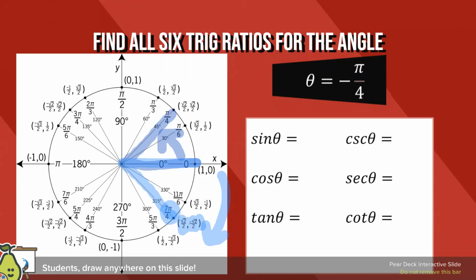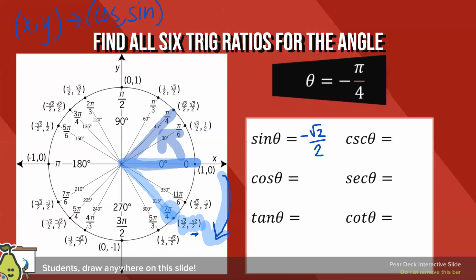And since we have quadrant 4, it makes it really nice and easy for us to evaluate sine, cosecant, cosine, secant, tangent, and cotangent, right? Remember, for all of our coordinates on our unit circle, x comma y became cosine comma sine. Sine was the y value. So looking at 7 pi over 4 or our negative pi over 4 units, the y value is negative root 2 over 2.